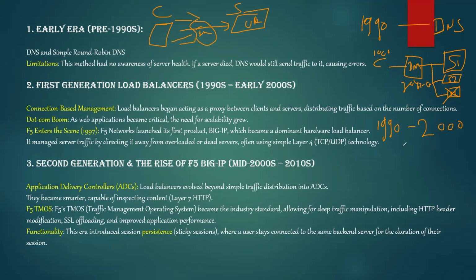As I said, with connection based management, if the connections increase drastically, then in this 1990s era, instead of DNS, we use F5 for load balancing. What does it actually do?